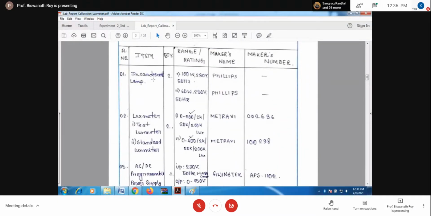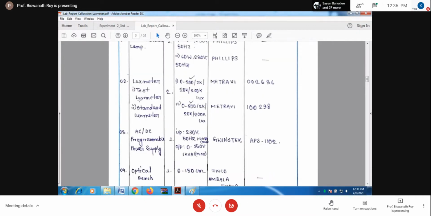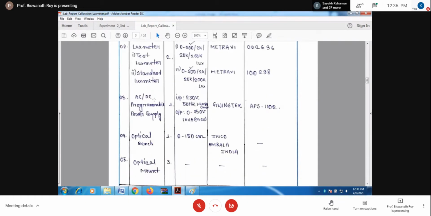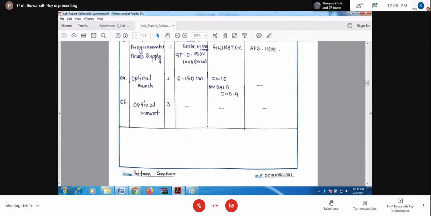The lamp used here is an incandescent lamp, 100 watt 230 volt. Another lamp is 60 watt 230 volt. The lux meters are the test lux meter and the standard lux meter. This is the serial number of the lux meter, and this is the programmable power supply unit. Optical range is 0 to 150 centimeter.